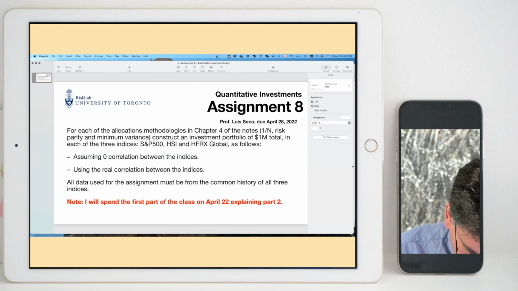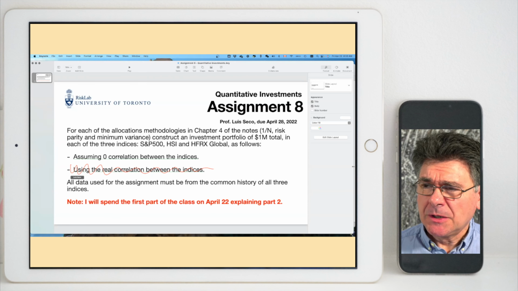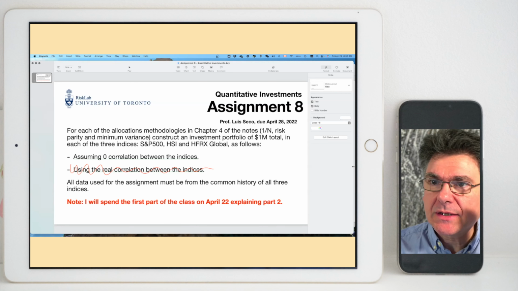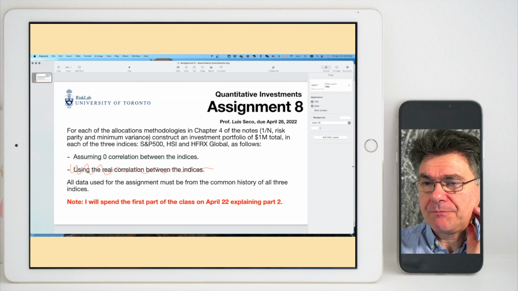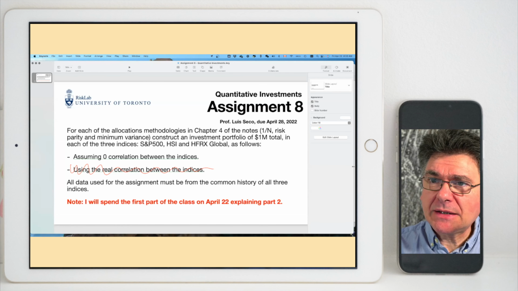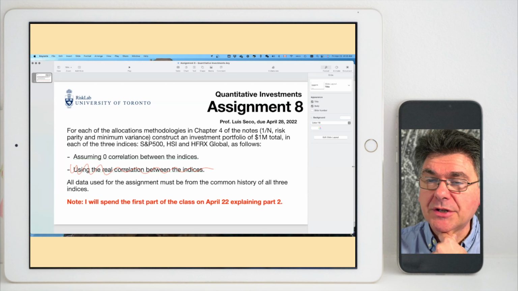don't do that for now, okay? I will create some special notes for you that are going to be a combination of mathematics, numerical methods, and an application: how you construct risk parity when the correlation is not zero.